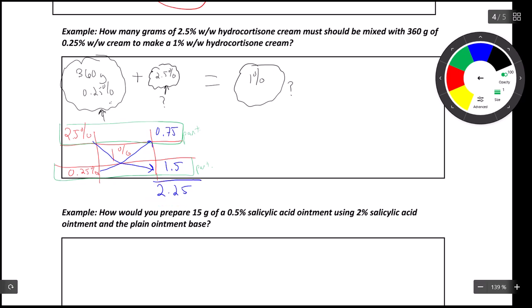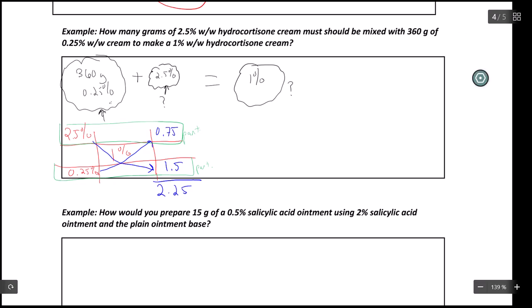In this question, we don't need the parts total. We need these two top numbers. What do I mean? What we're finding here is saying that I need 0.75 grams of the 2.5 strength every time I have 1.5 grams of the 0.25 strength.